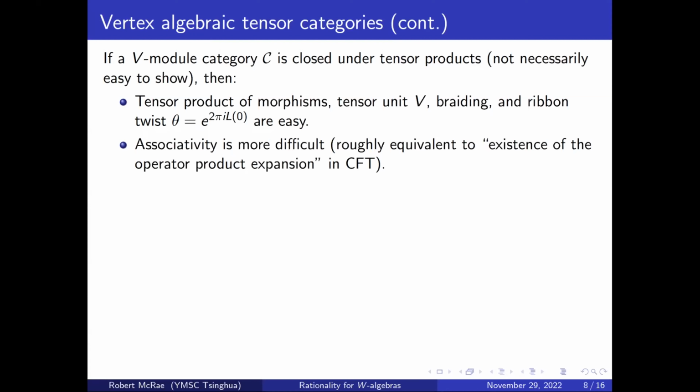The associativity of this tensor product is much more difficult to prove. It has to do with complex analytic properties of intertwining operators and is related to general operator product expansions in CFT.